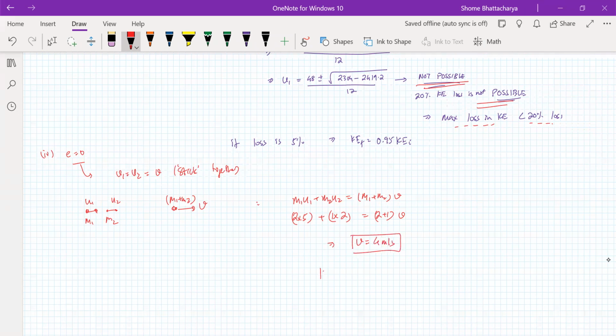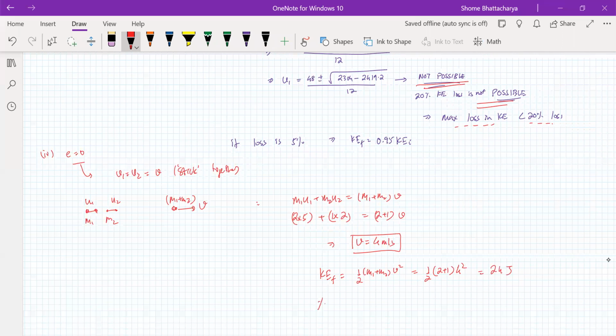So now you can also see that the final kinetic energy becomes this, 24 joules, right?